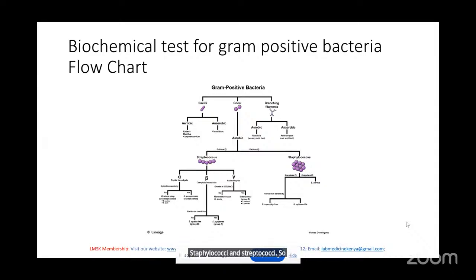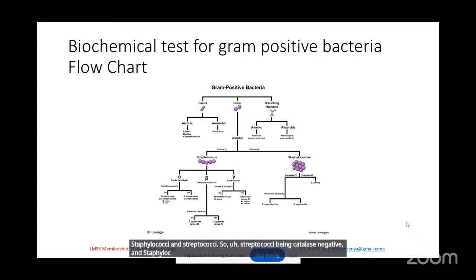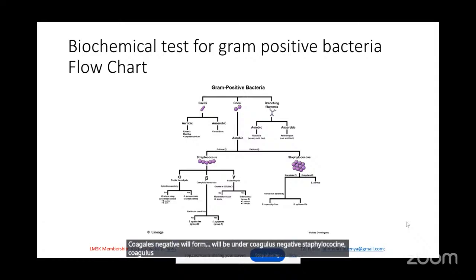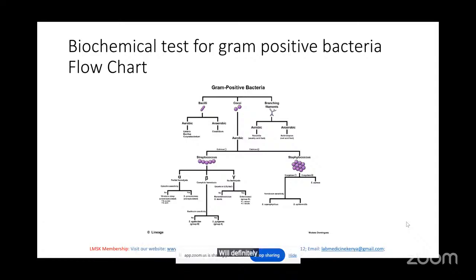Streptococci are catalase negative and Staphylococci are catalase positive. If you have catalase positive, then you do coagulase. Coagulase negative will be under coagulase negative Staphylococci, and coagulase positive will definitely be Staphylococcus aureus.